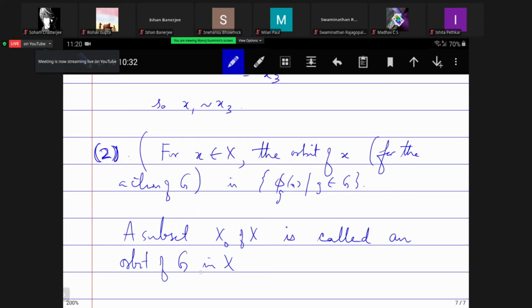An orbit of G in X is called an action orbit if there exists x inside X0 such that X0 is the set of phi g of x. So the orbits of G in X are exactly those subsets that satisfy this property. Does that clarify?